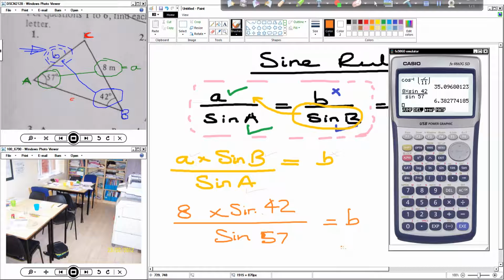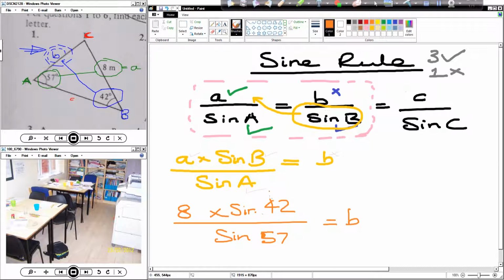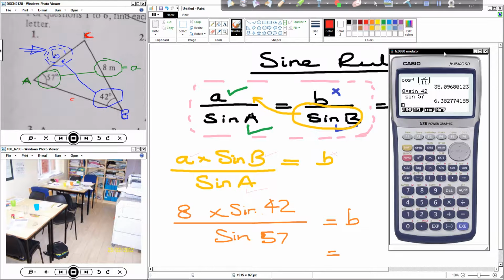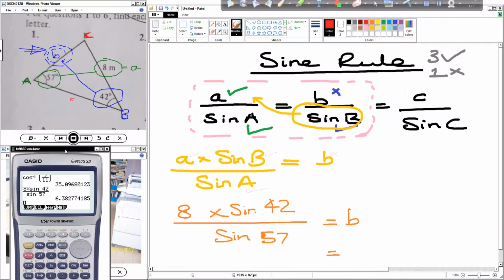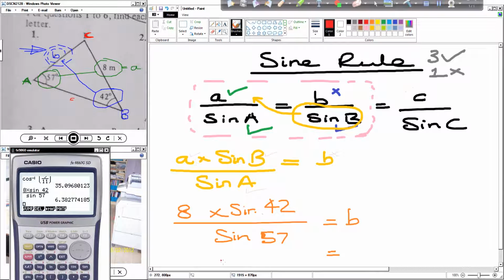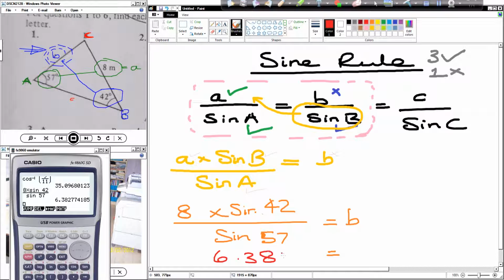And we get B is equal to, now remember our B is actually the C part in the real question. So over here now we got 6.38277.